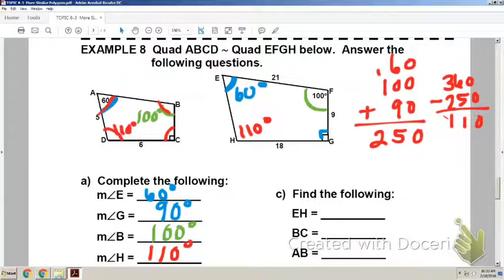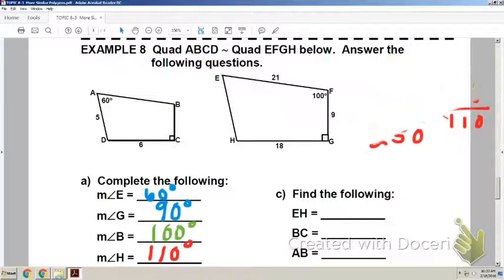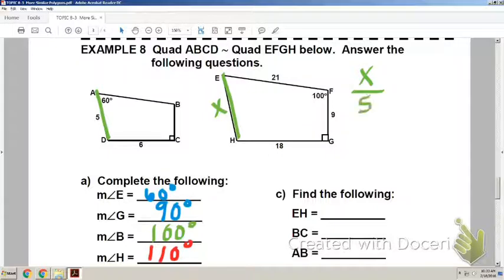So we worked with our angles. Now we need to work with our sides, just like we did on the last example, example 7. First I need to find EH. EH is corresponding to AD. I'm just going to call EH x because there's nothing written there. So I'm going to say x over 5, its corresponding side, equals, and I'm going to pick another pair of sides. I'll just pick 18 and 6 because those are the only two that have values.